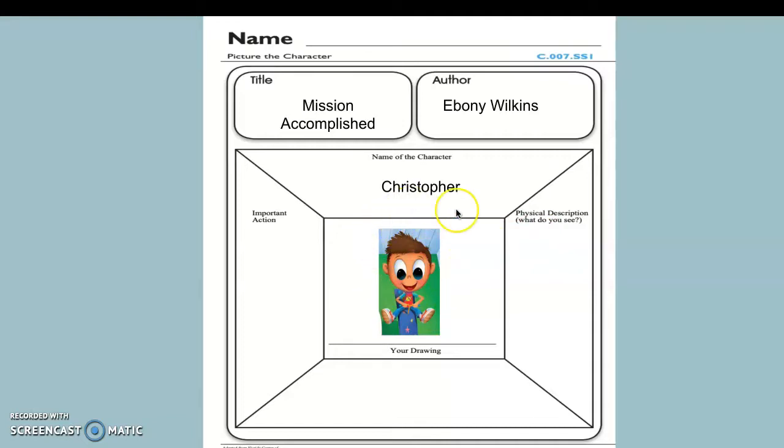Just from looking at his picture, I see that he is young. So he's a kid just like you and just like Raina. And also, he has short brown hair. So over here, we can add short hair. Is there anything else you could describe about what he looks like on the outside?